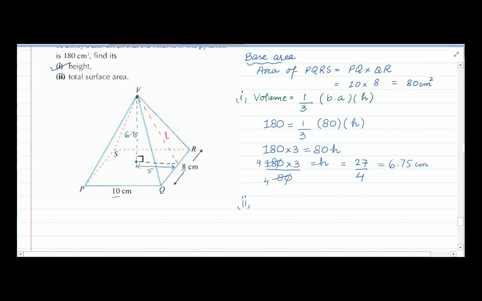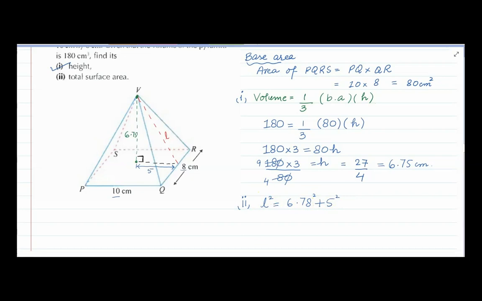Now you can find out the value of L by using Pythagoras. So L square is equal to 6.78 square plus 5 square. Now you need to find out the values.